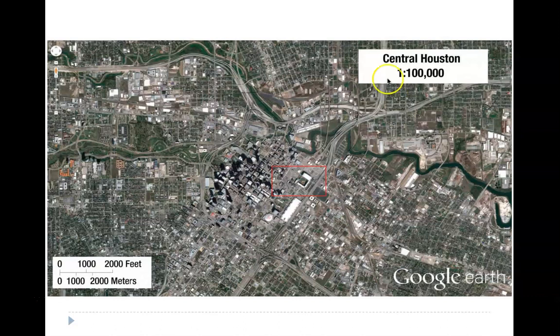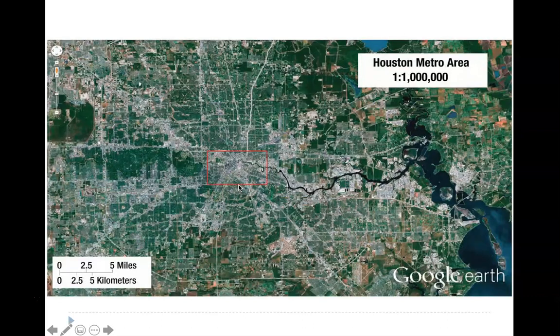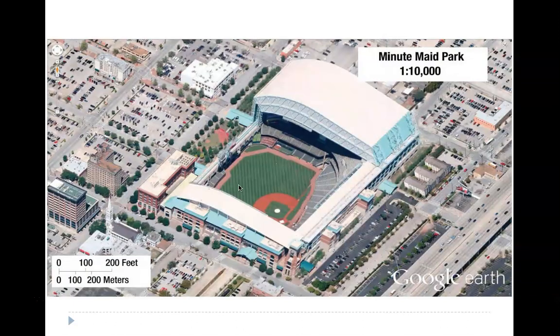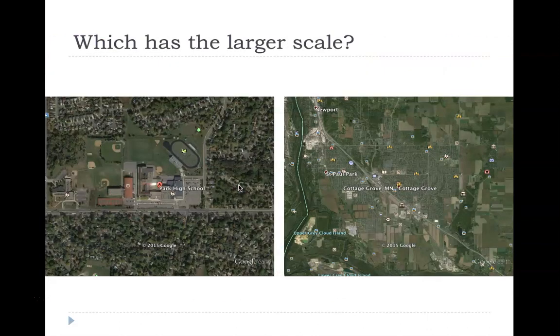Notice the detail. All of a sudden you can see the roads a little bit better than here. You can see buildings. And you really look like you're flying over it, right after you've gone out of the Houston airport. Right? And here is a 1 to 10,000 ratio where you have Minute Maid Park, home of the cheating Houston Astros. All right?